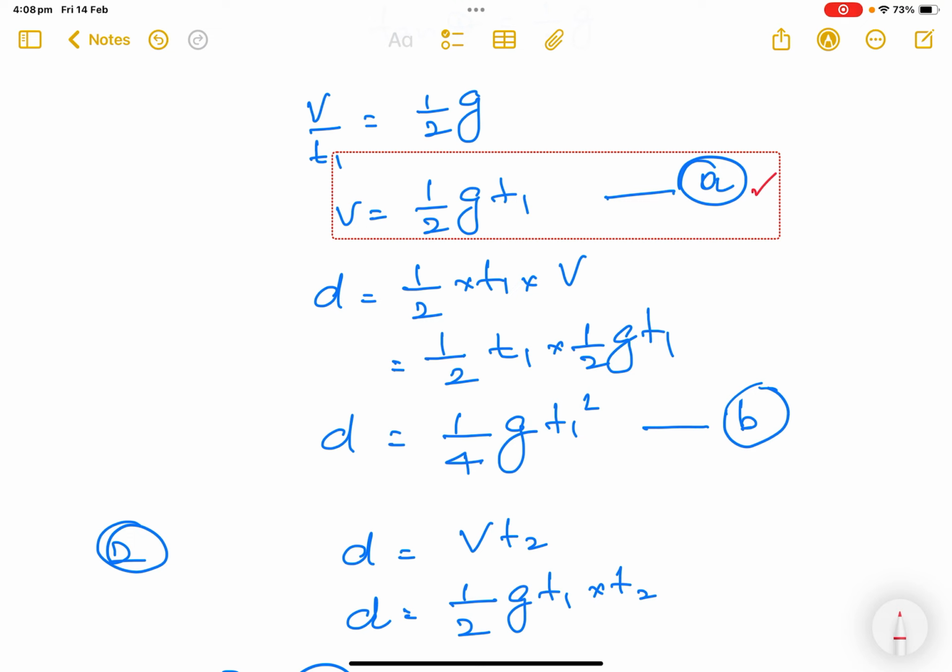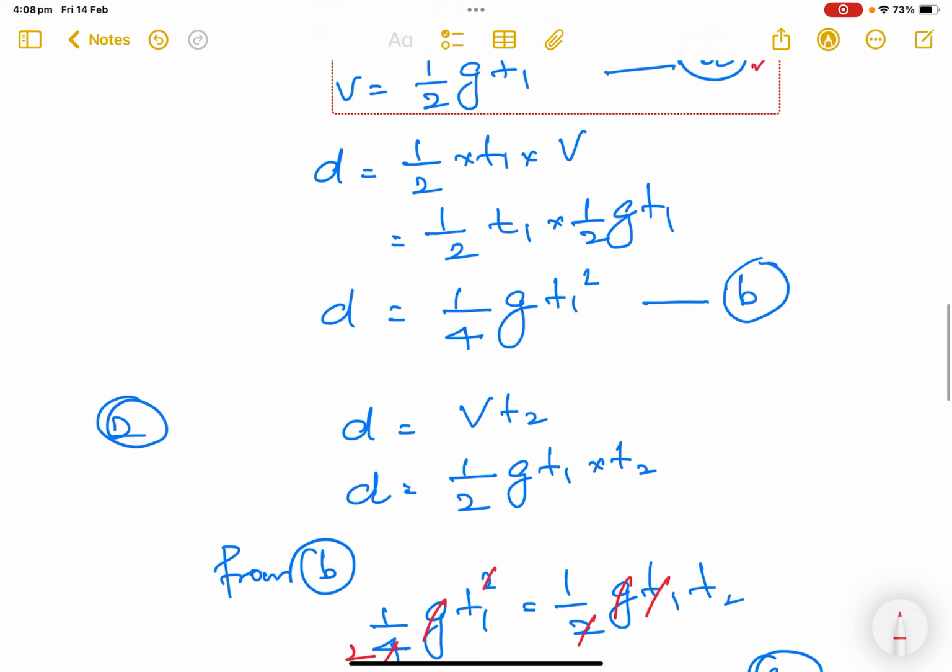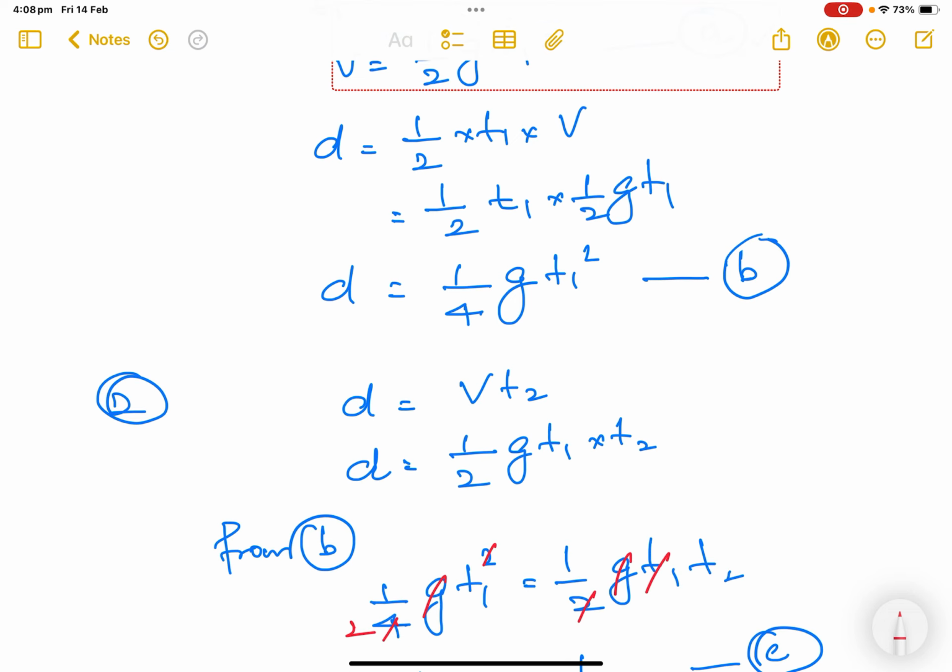From that, we know v, so just substitute for it, because we don't want v. We're going to keep everything in terms of time. So half t1 times half g t1 gives us d equal quarter g t1 squared.